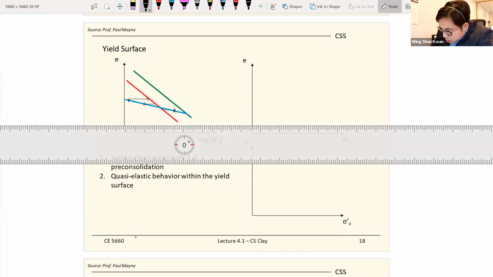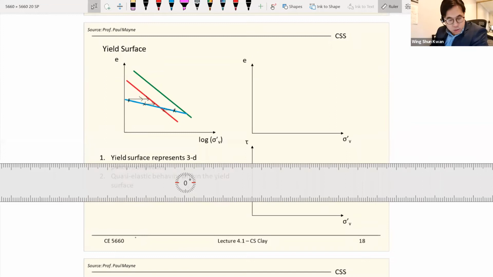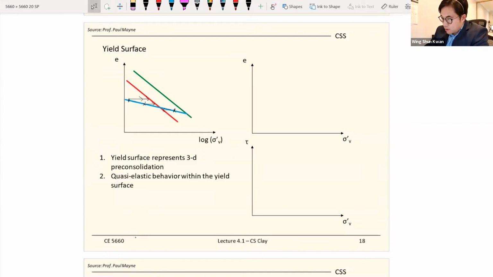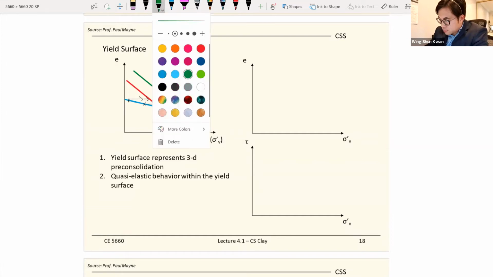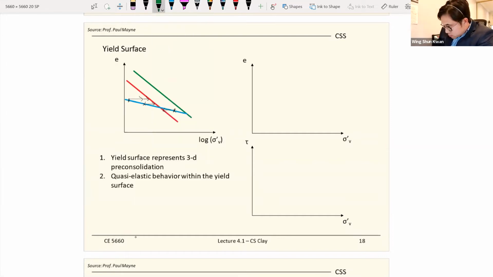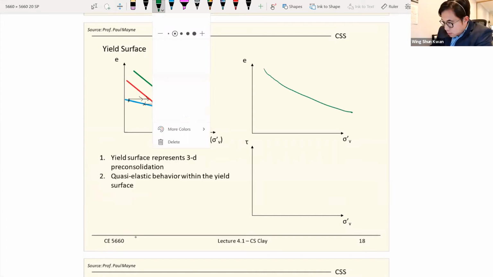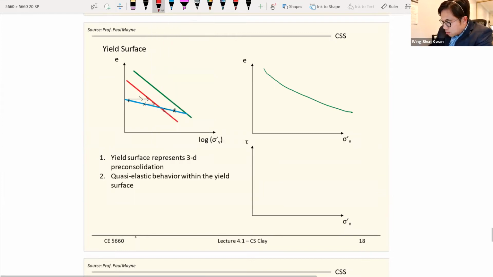So you go this way, you go this way, and this one you go this way. And for the normal scales, now it becomes a curve.